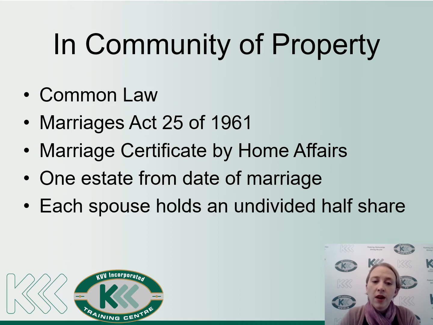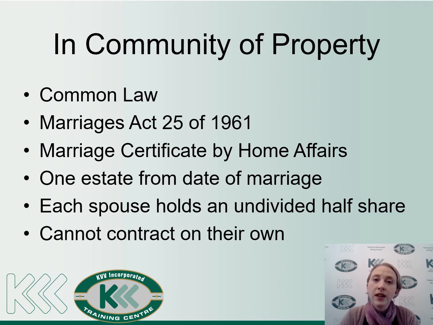As from the date of marriage, each spouse holds an undivided half share in everything they own. This basically means that the one car is not the one spouse's and the other car the other spouse's. Both spouses own half of each car. This is also applicable to the debts of the estate. So if one party takes out a credit card, for instance, the debt on that credit card is both parties' debt and not just the one.